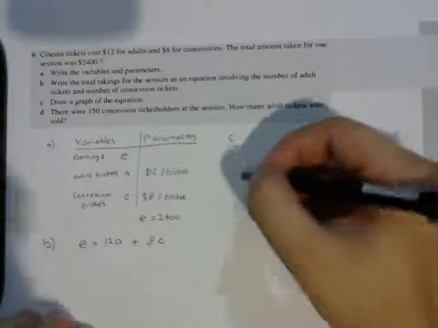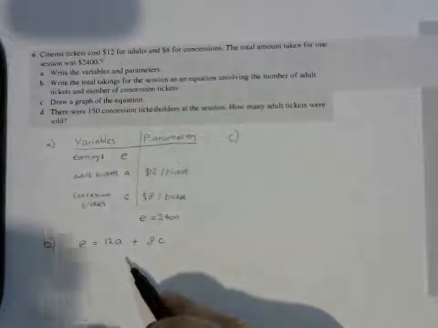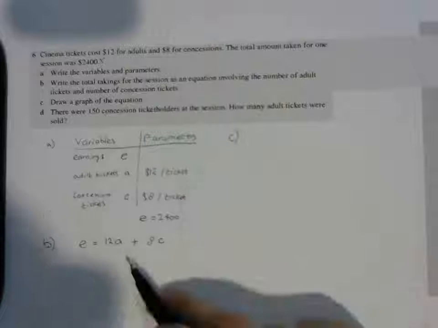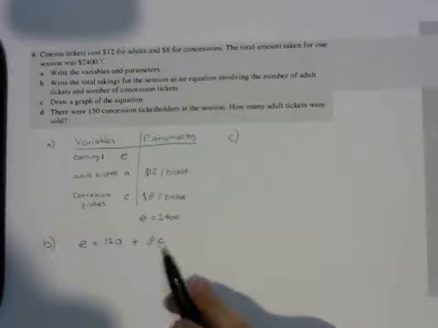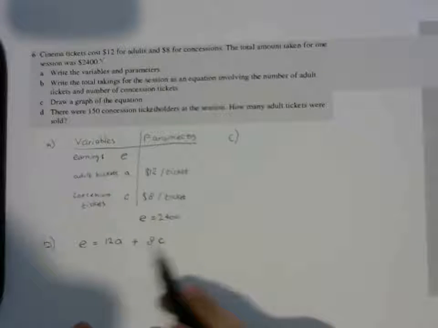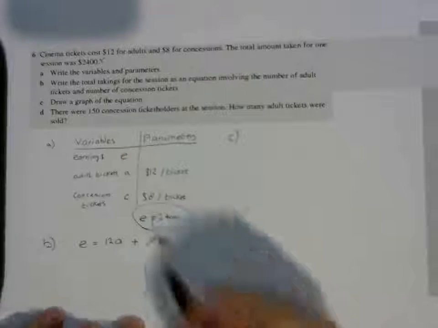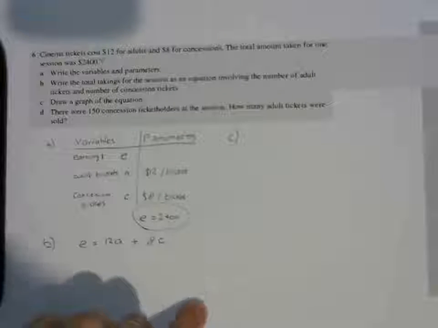Now my last step is to get this equation into a form that we can graph. We can't graph something that has three unknowns because we only have two axes, so we need two unknowns. That's where we're going to use this E equals 2,400 value.